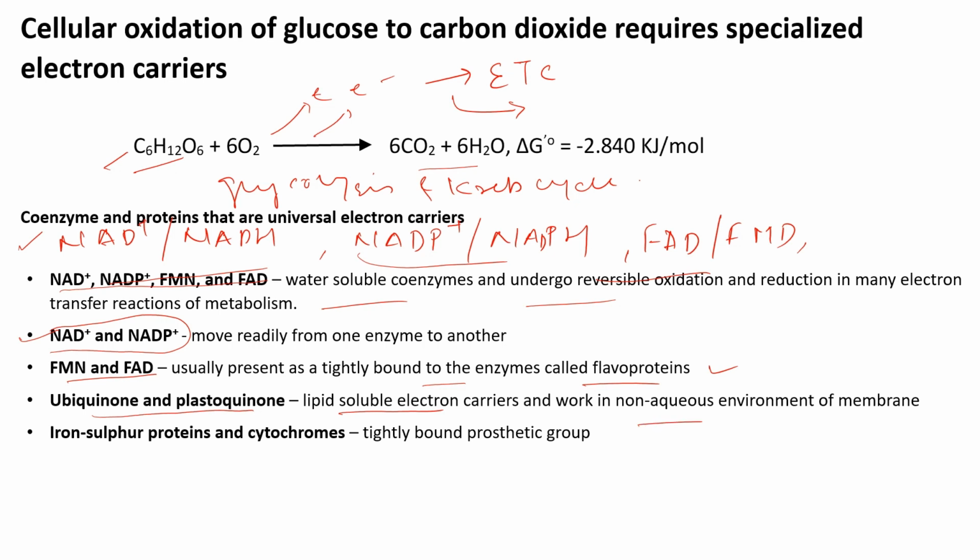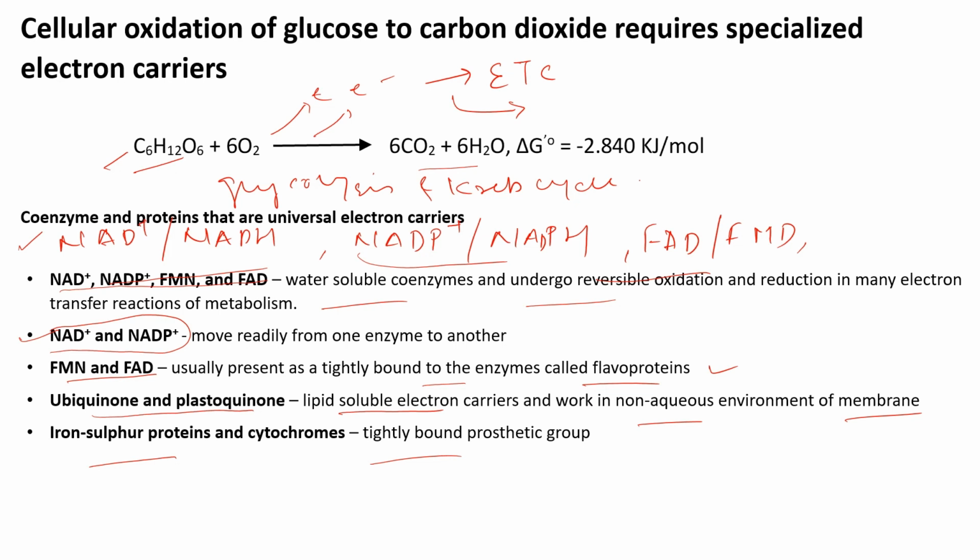That means they are present in the membrane. Next are iron sulfur proteins and cytochromes. These are also tightly bound prosthetic groups. Clear?